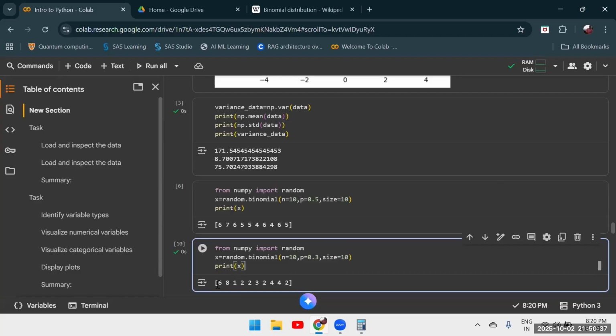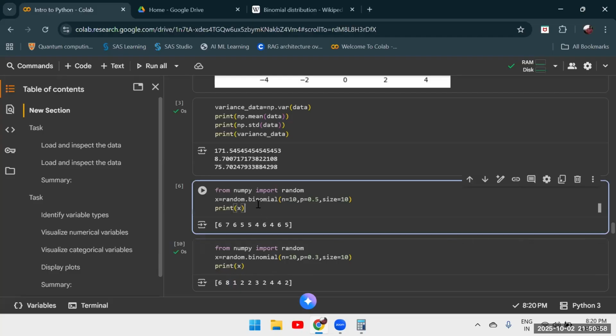Even when it is taking 6 and 8 in some cases, it has reduced the values for the rest of the cases. So based on the probability, if I put 10 tosses with a probability of 0.5, my chances of winning will be like 3 times, 4 times out of 10.